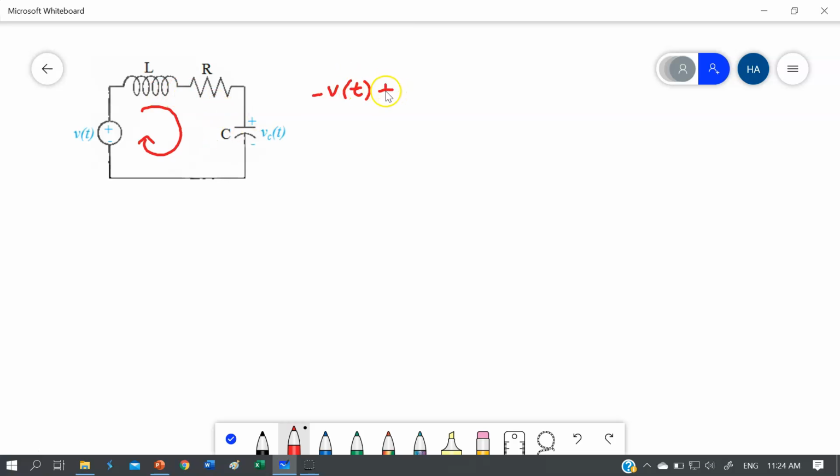We have plus VL, which is the inductor voltage, plus the resistor voltage, plus the capacitor voltage equals 0. We can rewrite this equation so that we have VL plus VR plus VC equals the supply voltage, which is V of t.